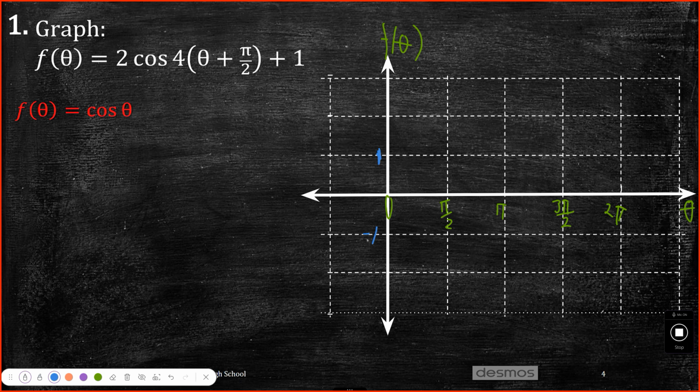So the highest it goes, what's the highest it goes? 1, and the lowest it goes is -1. So we're going to go there, and then goes all the way to there, and then the lowest is in the middle, pi, and then it draws curving a thing like this.